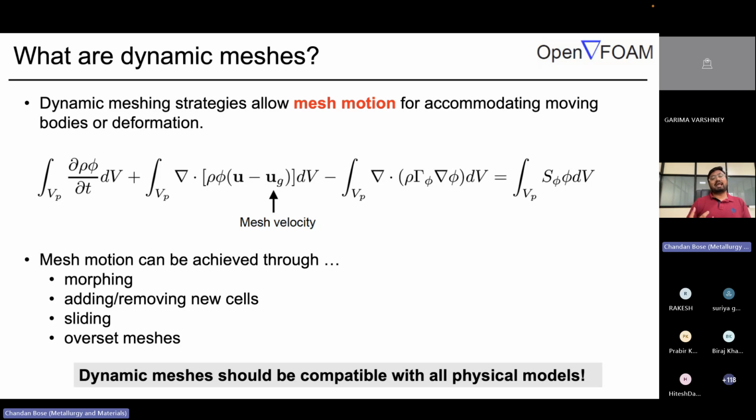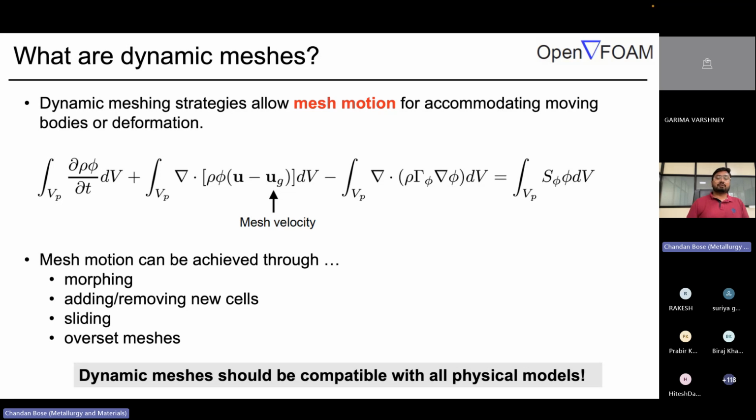Now, how can we achieve this mesh motion? As I said, it can be achieved by morphing the mesh. By morphing, it means that the cells or the cell volumes will be deformed. So there will be volume changes in the different cells when we morph the mesh. We can either add or remove cells.